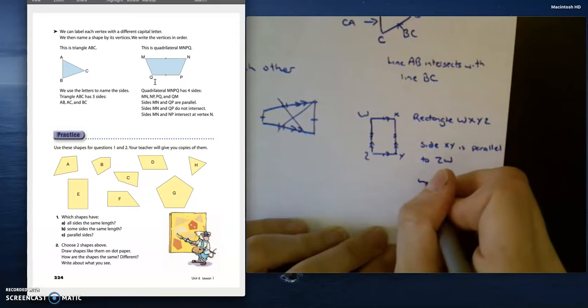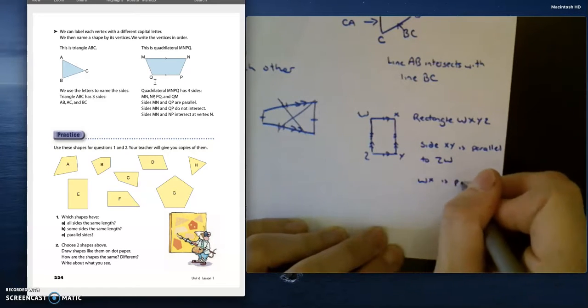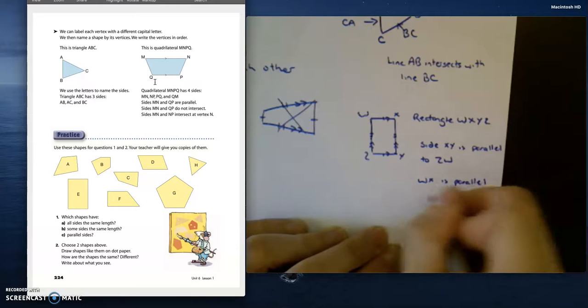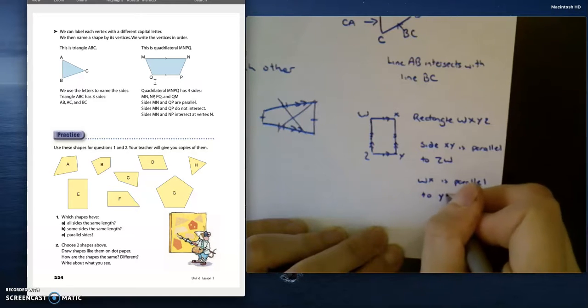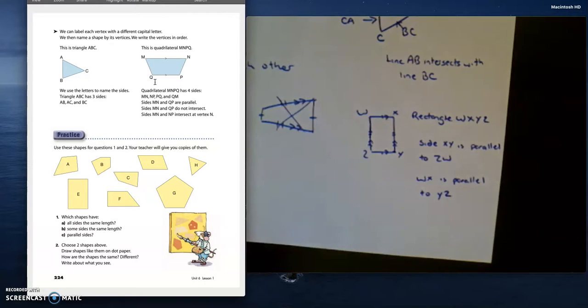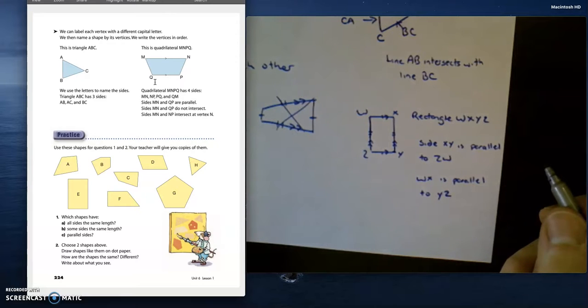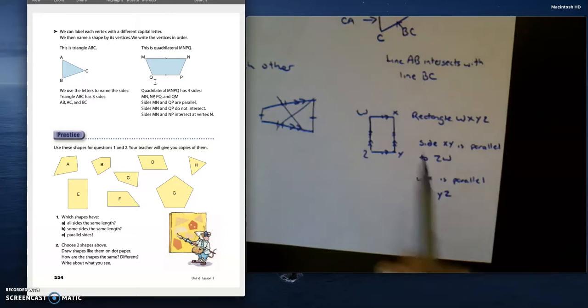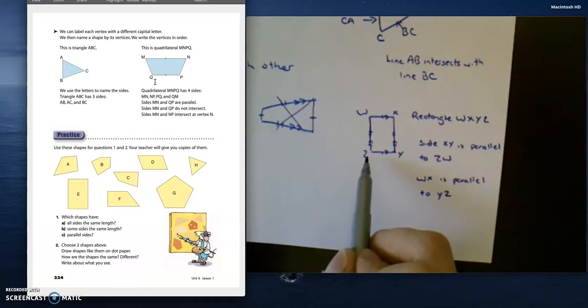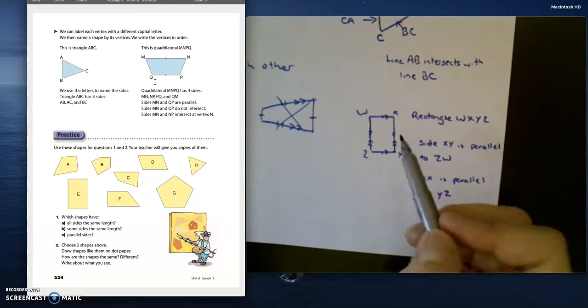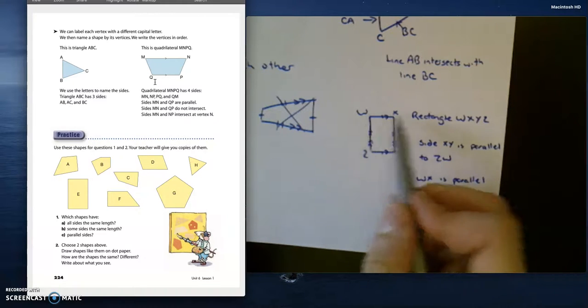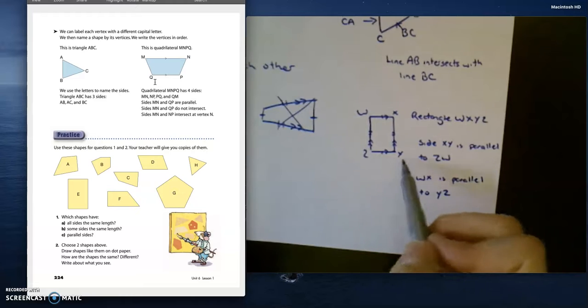And I could say WX is parallel to YZ. I could say, I'm running out of time here on my record, I only get 15 minutes. I could say that WZ is the same length as XY. I could say WX is the same length as ZY.